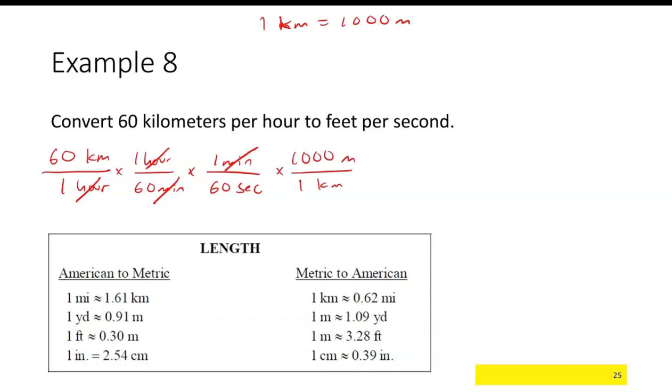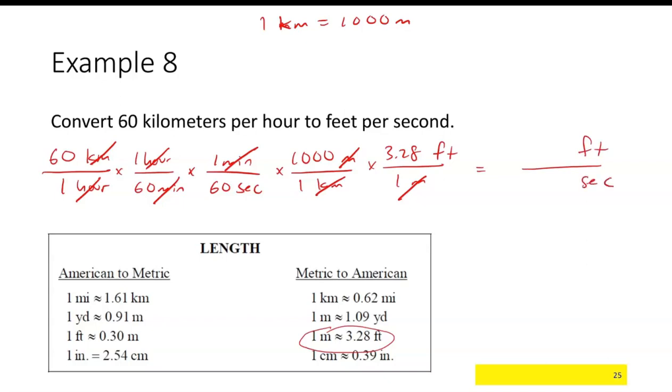Now my units are meters per second. But I want to get feet per second. I know that 1 meter is 3.28 feet. Right there are my units at the bottom. And now my units are feet on top and seconds on the bottom.